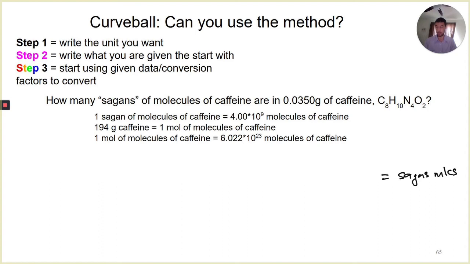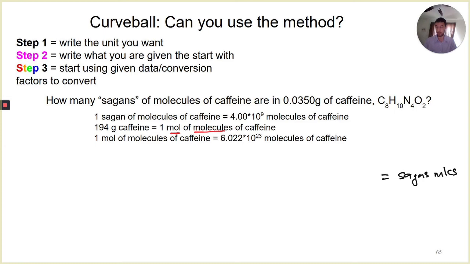I wrote MLCS to represent molecules. For those of you asking about mole, this is the perfect reason why we use MLCS and not MOL to represent molecule, because in our conversions we have a unit of mole that is clearly not referencing molecules, because a molecule of molecules makes no sense. So Sagans of molecules is what I want.